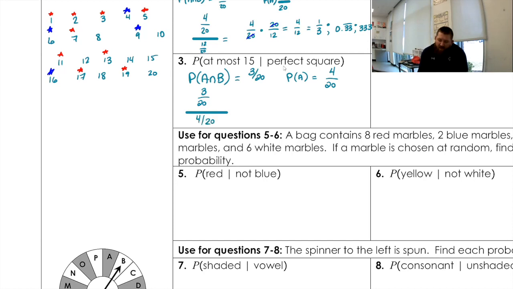If you're really seeing what's happened, we multiply by that reciprocal. I'll finish this one first, and then I'll come back to my point. But can't divide fractions, so you've got to multiply by the reciprocal. So 3 over 20 becomes 20 over 4. So it is 3 divided by 4.